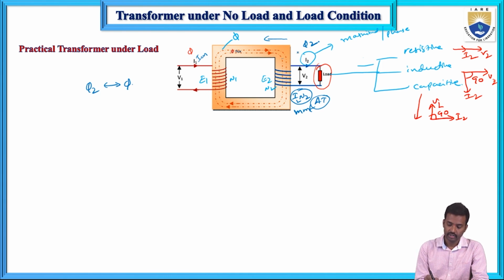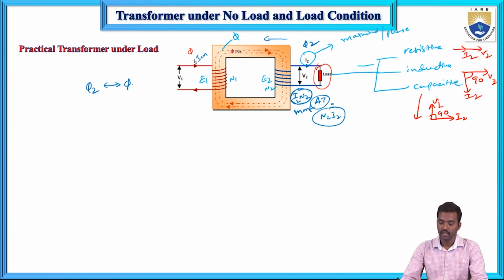Next, this phi 2 flux, because of this N2I2 MMF, is known as the demagnetizing ampere turns. We can call this N2I2 the demagnetizing ampere turns. Now this phi 2 always opposes phi, and if it opposes phi, it means the main flux phi reduces.